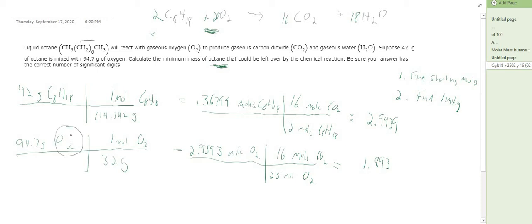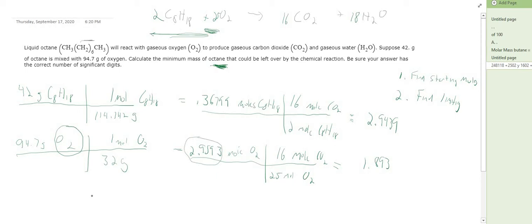That's all going to be consumed, and I am going to have leftover octane. And the question is, how much leftover octane do we have? So we have to just do the stoichiometry, the little chemistry that's going on here. Since oxygen is the limiting reactant, I'm just going to start off with the number of moles of oxygen that I started off with, which is this number right here. Remember, we calculated that.